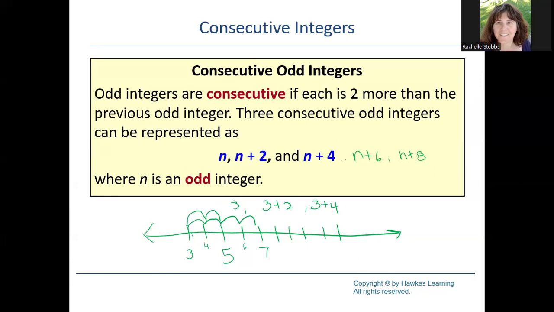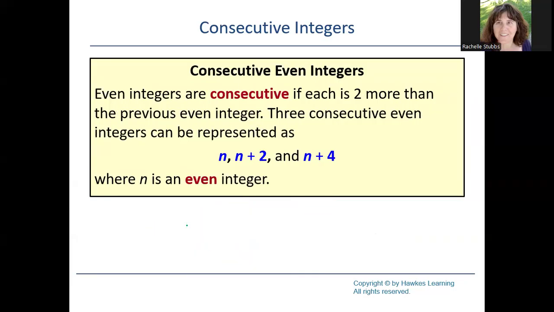So let's look at even numbers. How does that change if they're even? Well, let's draw our number line again. This time we're going to start at 2 because it's an even number. The next even number away is 4, but that happens to be how many hops away? 2.